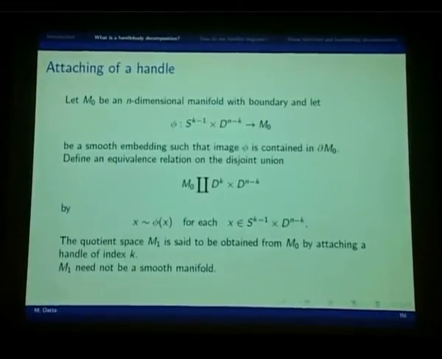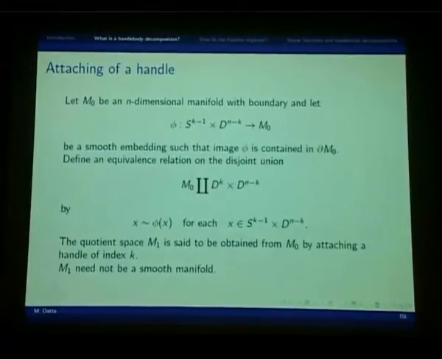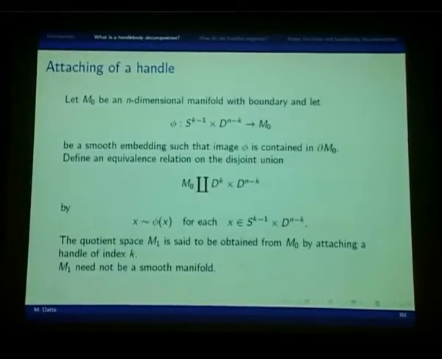Now this is a part of the boundary of D^k × D^(n-k). What is the boundary of D^k × D^(n-k)? It is the boundary of D^k × D^(n-k) union D^k × the boundary of D^(n-k). But I am considering only a part of the boundary, which is S^(k-1) × D^(n-k), and getting an embedding into M0.